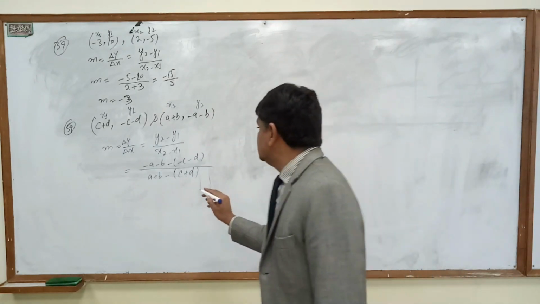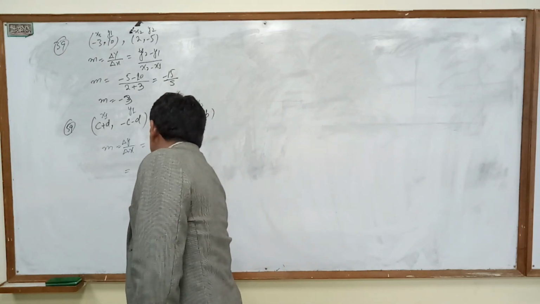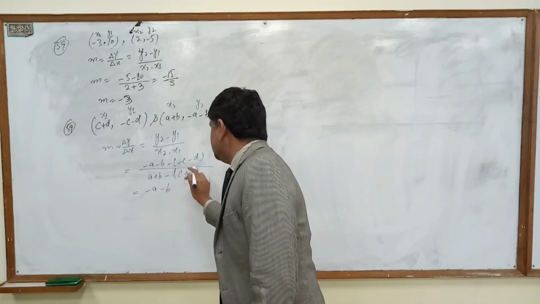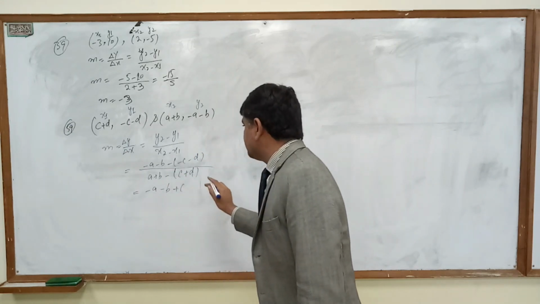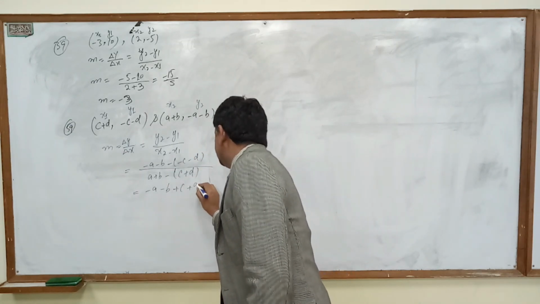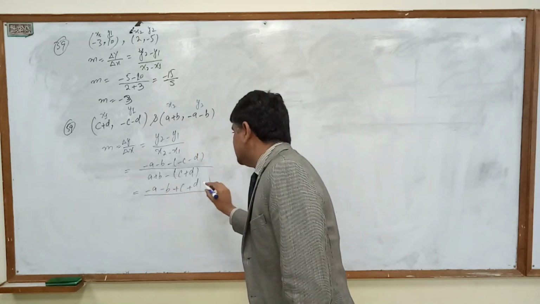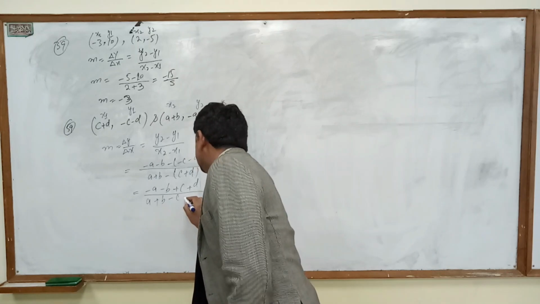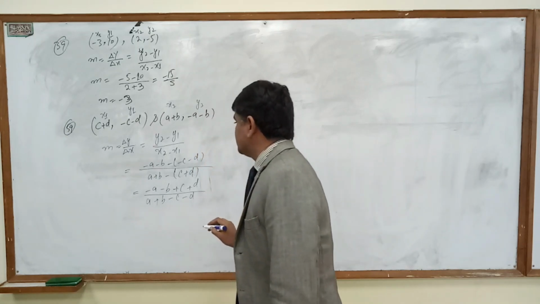We can simplify here: minus a minus b plus c plus d, whole divided by a plus b minus c minus d.